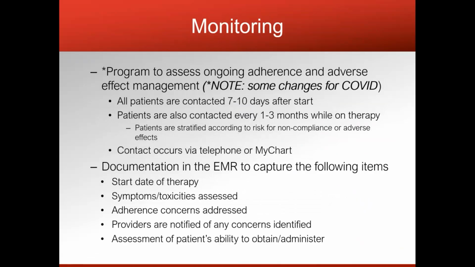What that means to us at this time is really all patients that are started on an oral oncolytic at UW Health are contacted about 7 to 10 days after their plan start by a pharmacist. We do this just to confirm that the patients receive the medication, that they're starting to take it appropriately per the dosing recommendations, and to screen for any early adverse effects.